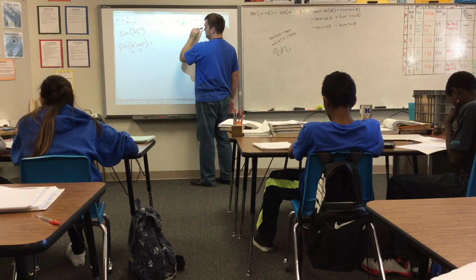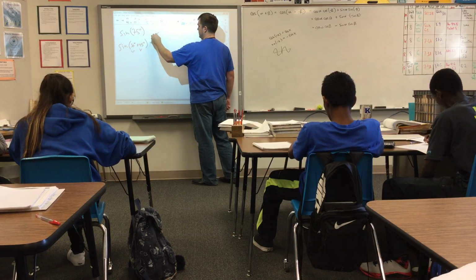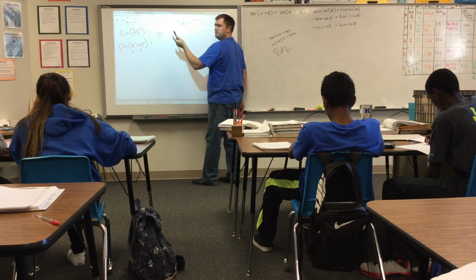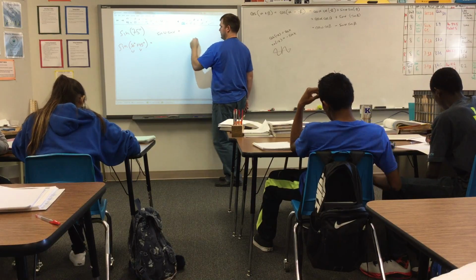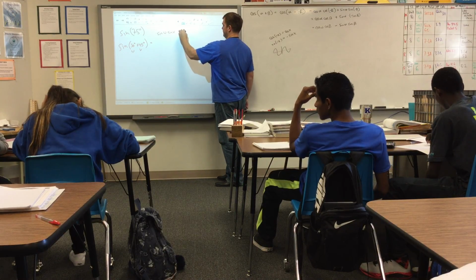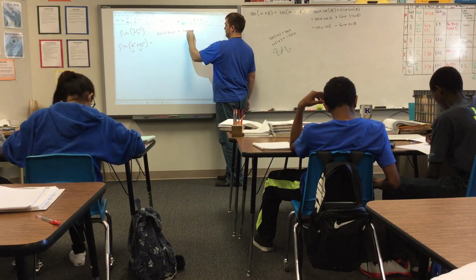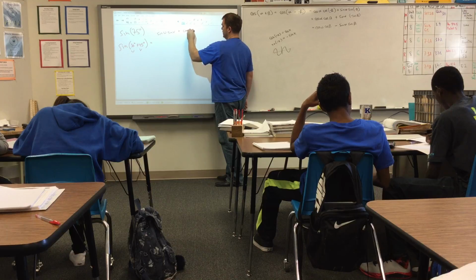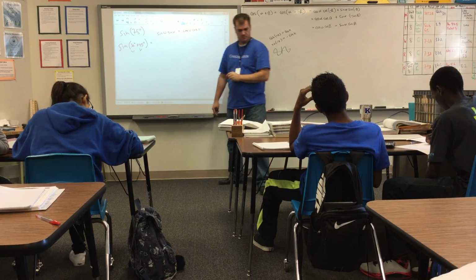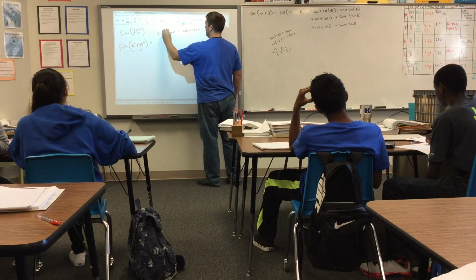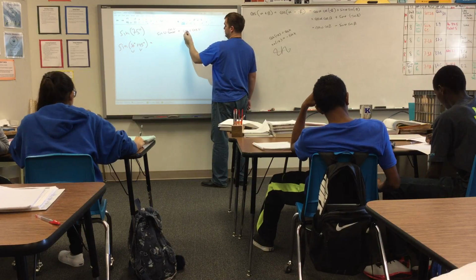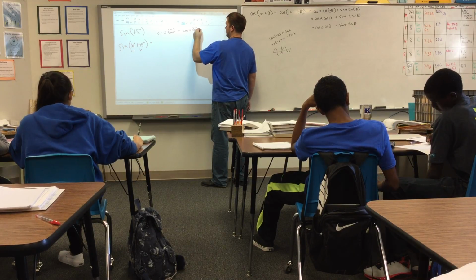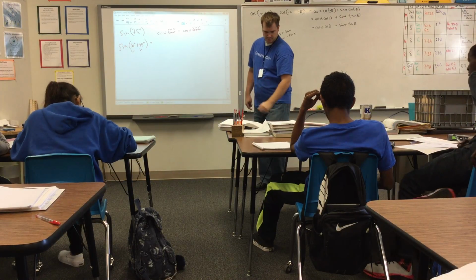Somebody call out to me, what's the formula here for sine of U plus V? Sine U times sine V plus cosine U, cosine V? That doesn't seem right. Sine U cosine V plus cosine U sine V. Are we correct now?